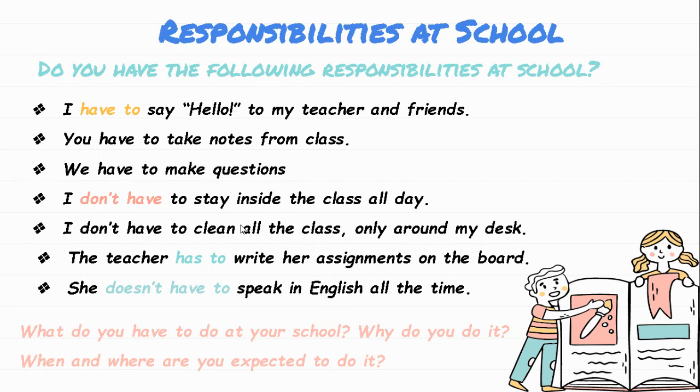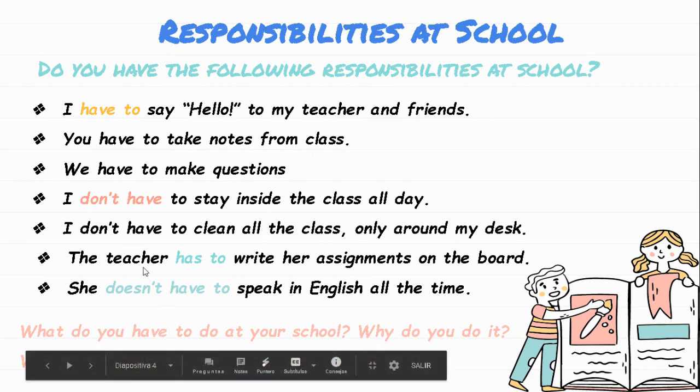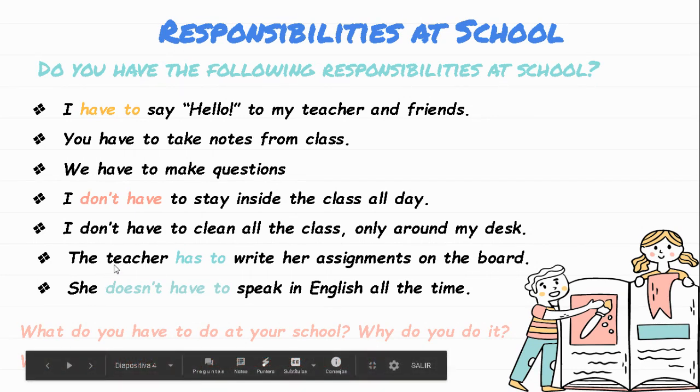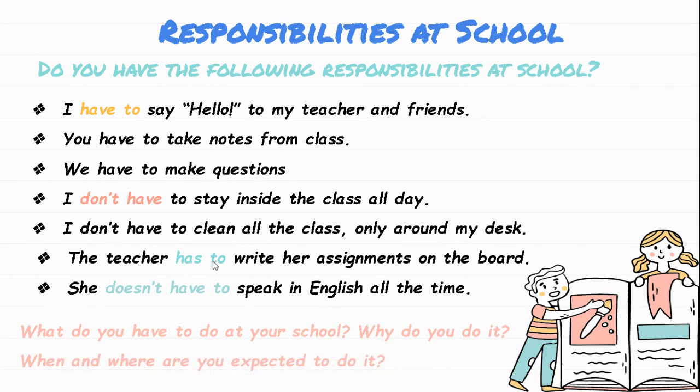Now, when we're talking about the third person, he, she, or it, we use has to. The teacher has to write her assignments on the board, right? So if we substitute the teacher for she, so it's the third person, and we say she has to write the same thing, right?